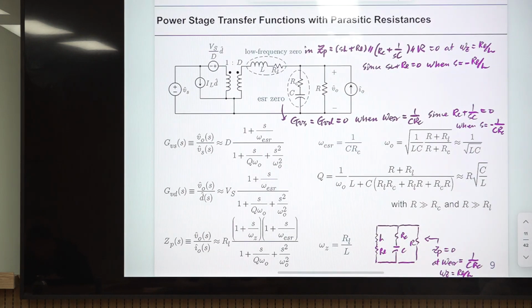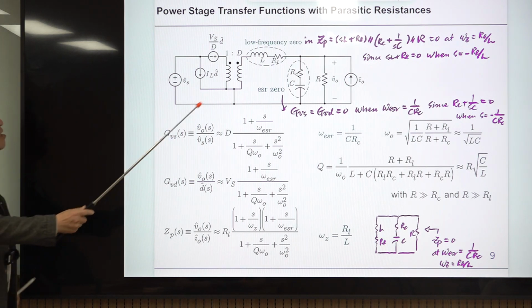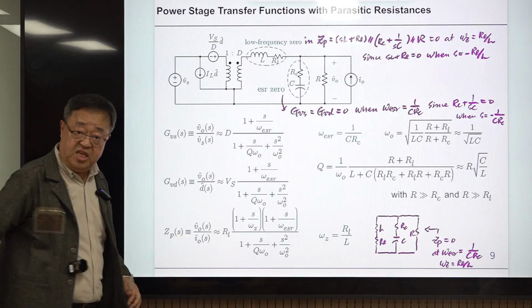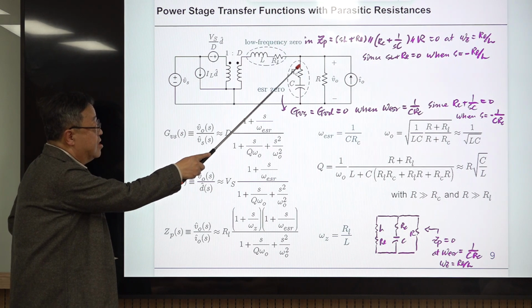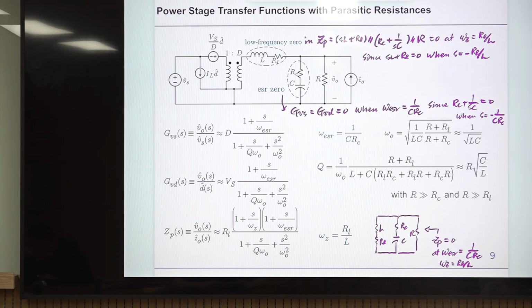All right. Then you are interested in the transfer function of this converter with parasitic resistance. Parasitic resistance means this inductor contains this series resistance, which is ESR, and the capacitor also contains this parasitic resistance. A capacitor looks like this. The structure of a capacitor is very simple theoretically.